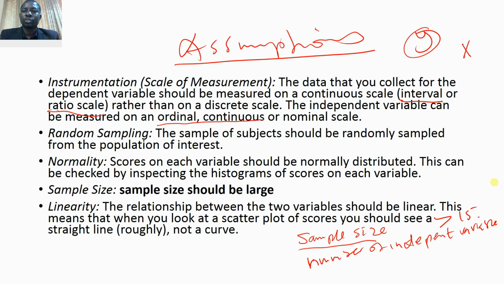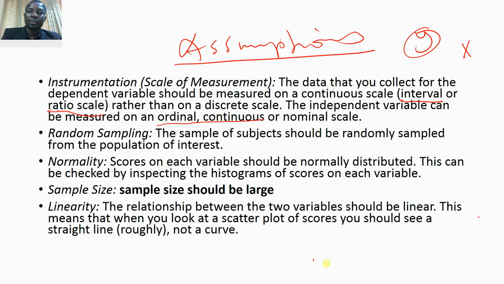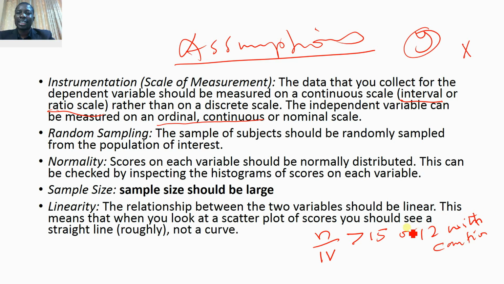So if your sample size is n, then n divided by the independent variables (IV) should be greater than 15, or 12 with caution, meaning that we expect it to be greater than 15, but if it's greater than 12, it's somehow okay. But we have to be mindful when we are interpreting the results.